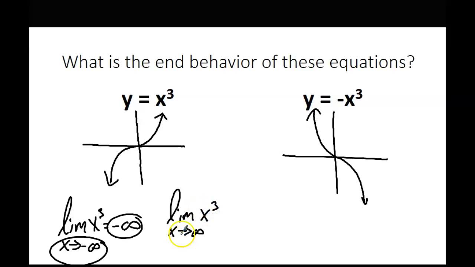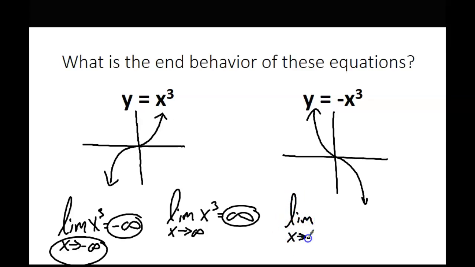How about as x approaches positive infinity? Y goes up. So notice this time, notice how they're opposites? On a parabola, they both went up. But on a cubic function, one goes down, one goes up. Over here, as we move to the left, what's happening?